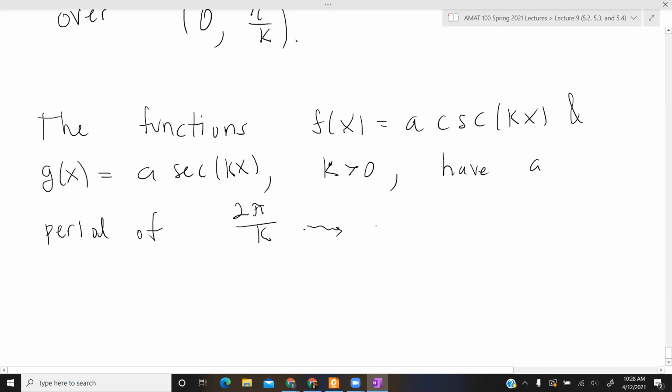That implies that really you only need to look at their graphs over the interval of length 2 pi over k. So they complete a whole period on this interval.